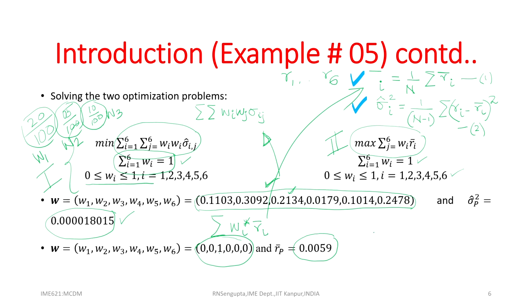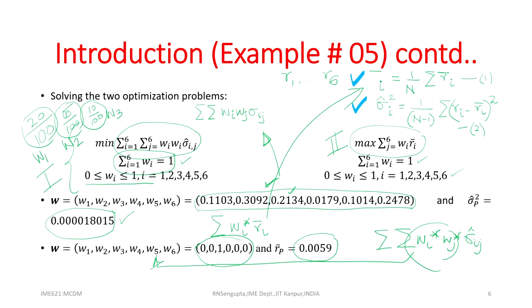The risk for the second case can be found out utilizing W i star, W j star, sigma i j, and what is W i star and W j star would be found out from here. And what is sigma i j?